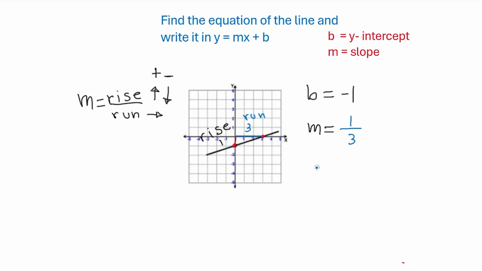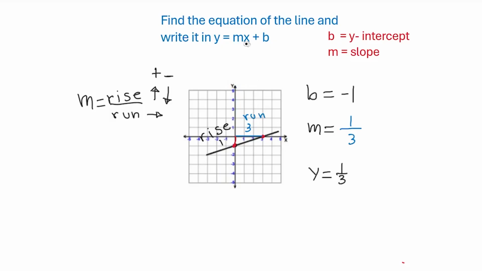Okay, and the next step, now that I have the y-intercept and I have the slope, what I need to do now is replace these numbers into that equation, right? So I'm gonna write y equals, the slope is just this number. That should be 1/3.